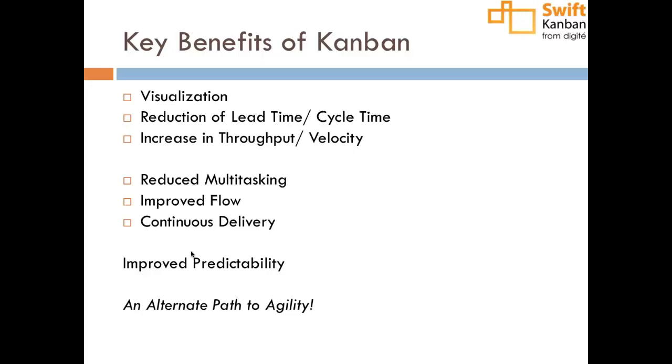And of course, for folks from the software world, there is a widespread appreciation of Kanban as an alternate path to agility, because now you're exhibiting all of the traits of agile teams in terms of delivering software faster, more often to the market, getting faster feedback, and being able to adjust and course correct if needed to make sure that the software or the end product meets the requirements of the customer.